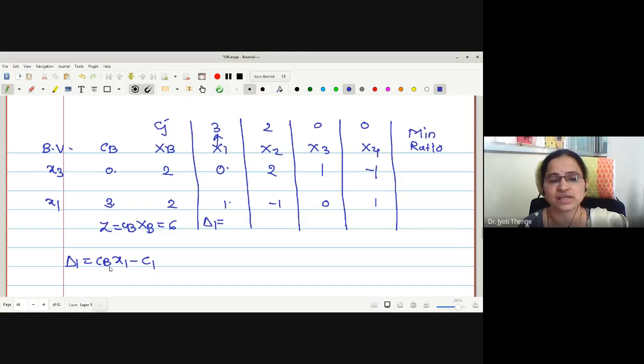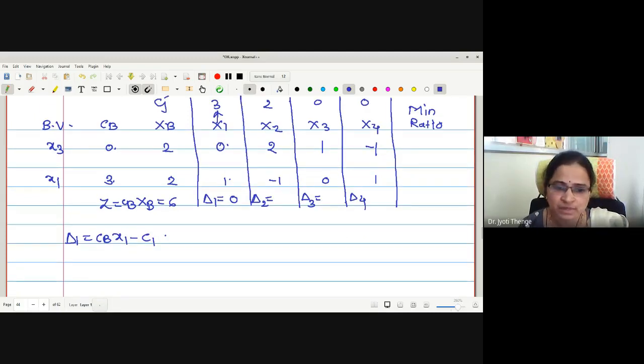Therefore, CBX1 takes the value 3, minus the C1 entry. Therefore, 3 minus 3, it is 0. Is it okay to everyone? Or shall I show you again by doing the calculations? Okay, let us do the calculations for one more table. CBX1 entries: CB is 0, 3, X1 is 0, 1, C1 is 3. 0 into 0, 0, 3 into 1, 3, 3 minus 3, it is 0.